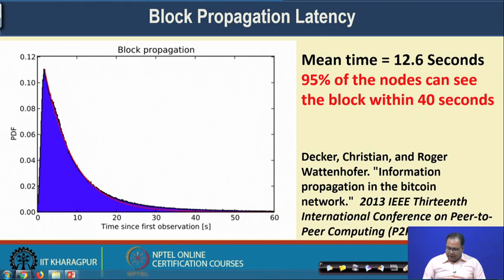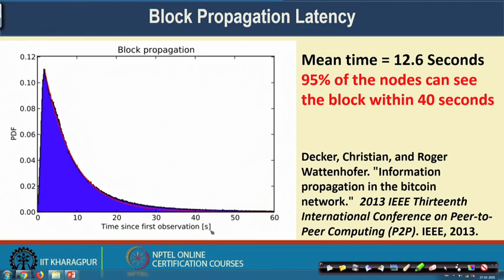In this curve, the x axis is the time since first observation, in seconds, that is the time difference between when the block was created and when you received the update, and in the y axis you have the probability density function of that.